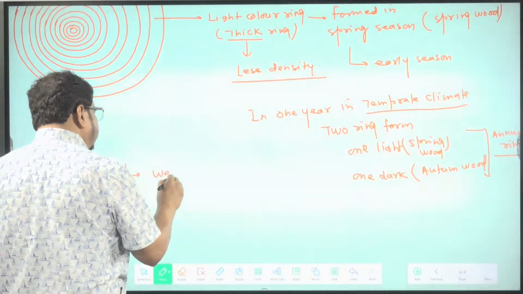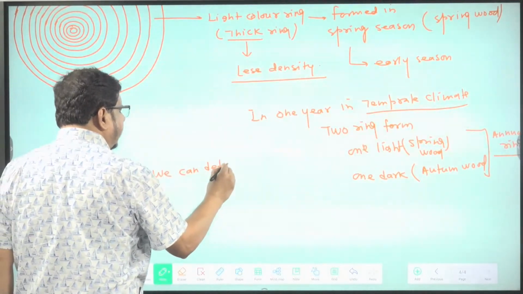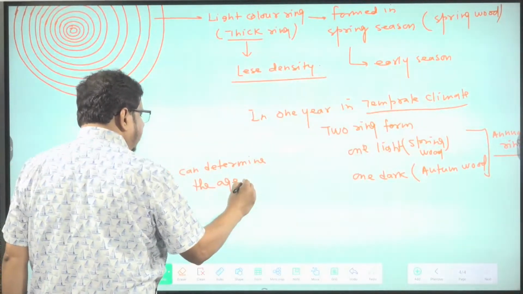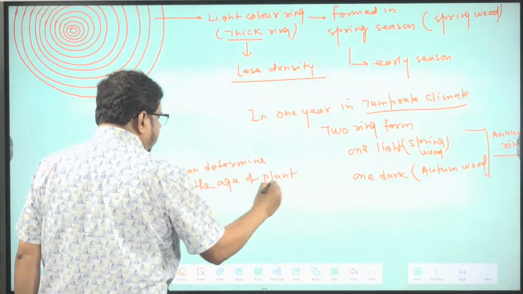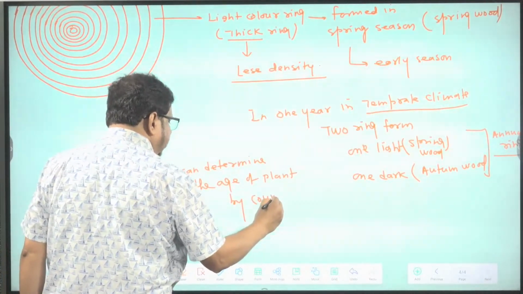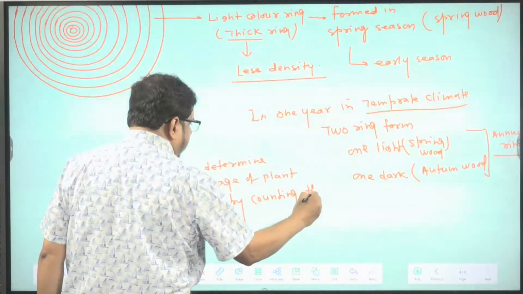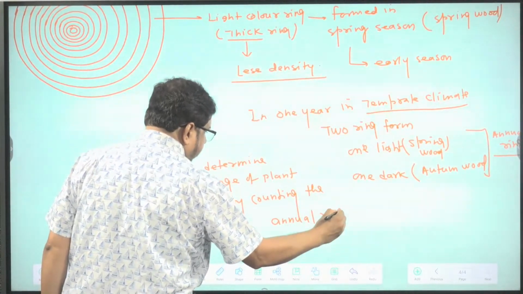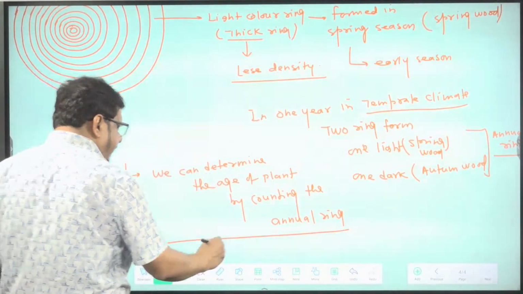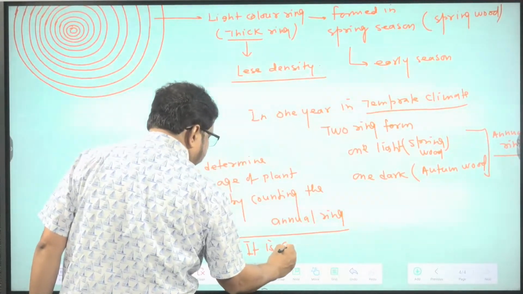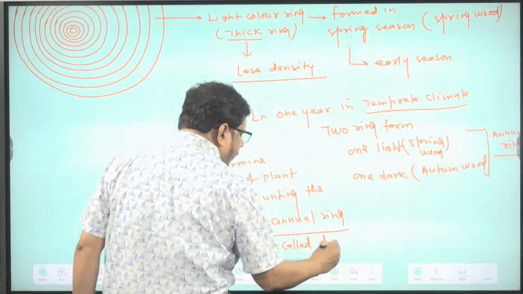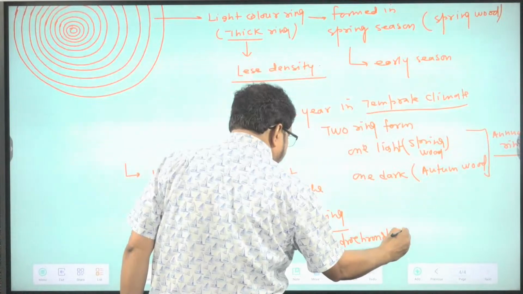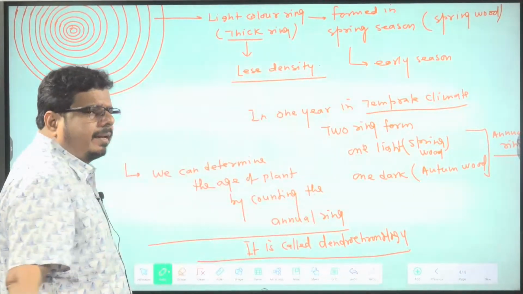So we can determine the age of a plant by counting the annual rings. Got the idea? And it is called dendrochronology.